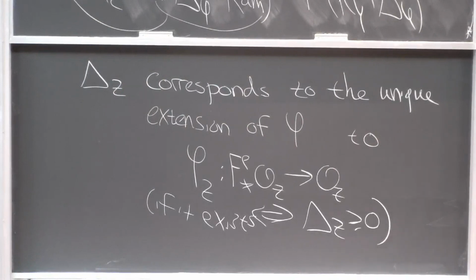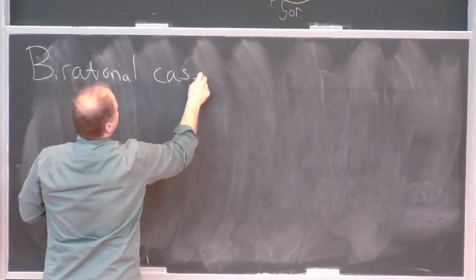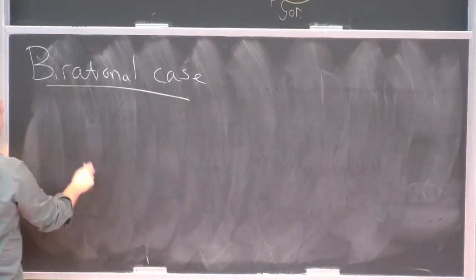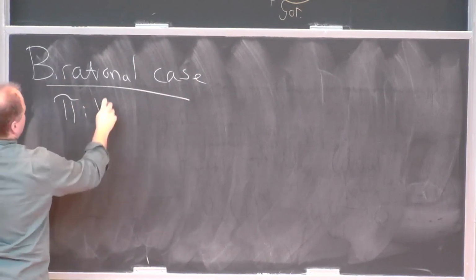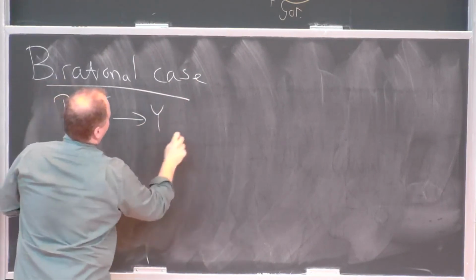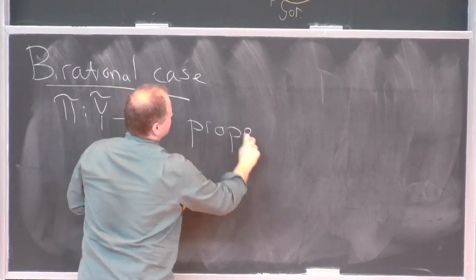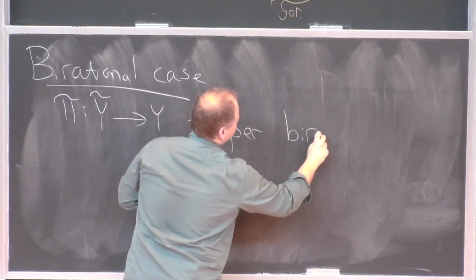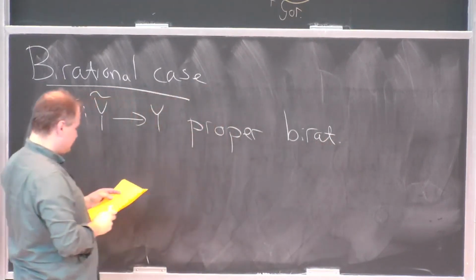And you might be a little less familiar about what happens for birational maps if you're not already into birational algebraic geometry. But let's look at the birational case. Sort of the same picture. So let's say I give you pi from y tilde to y. Let's say this is proper birational. Okay?